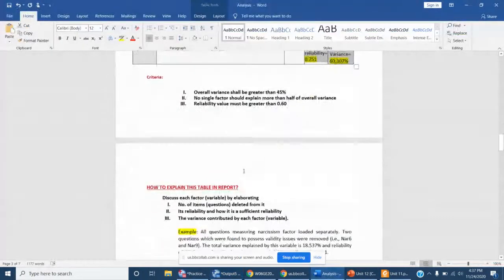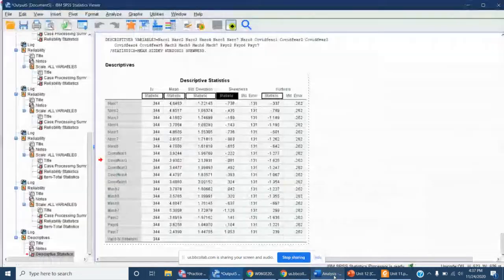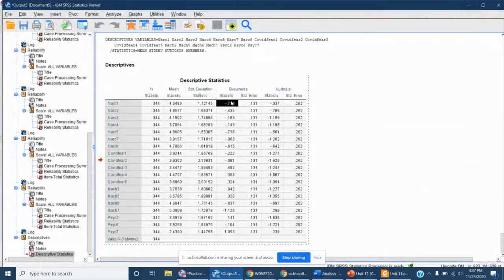Usually, when we are checking for normality, we follow the criteria devised by Hair et al. and Bryne 2010. They say the data is normal if skewness is between -2 and +2 and kurtosis is between -7 and +7. So we will check whether our responses follow this criteria.